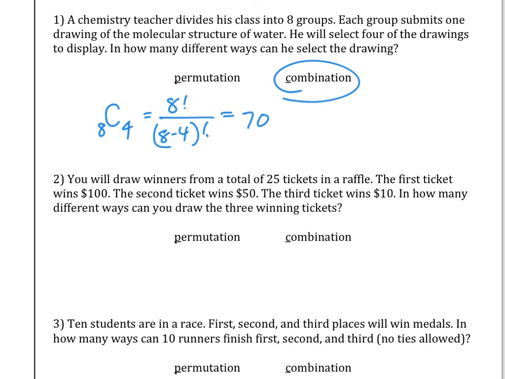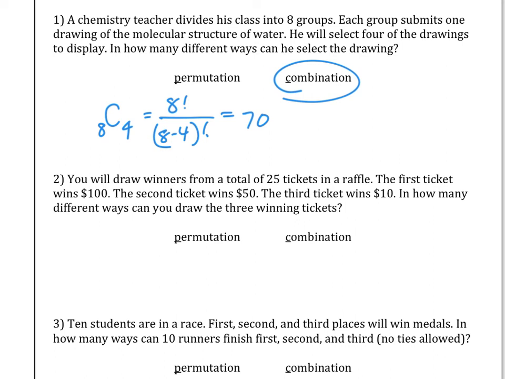Okay, let's go ahead and try this next one. Go ahead and pause the video, select which one you think it is, and come back and check your answer. All right, this one, because it is drawing from a raffle ticket, the order matters, because if you're the first one that comes out, you do get more money.